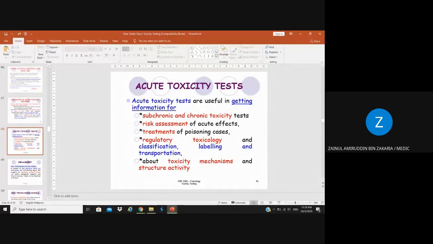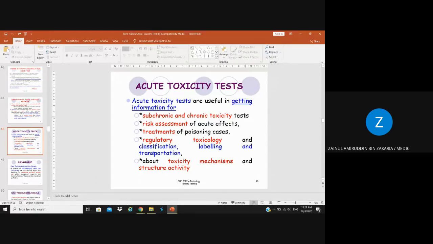Then the data from the acute toxicity study is also used for risk assessment of acute effects, because you have classified the substance into a certain classification. If it is a toxic compound at a certain dose, and there is leaking, what happened? That kind of thing, you do risk assessment.